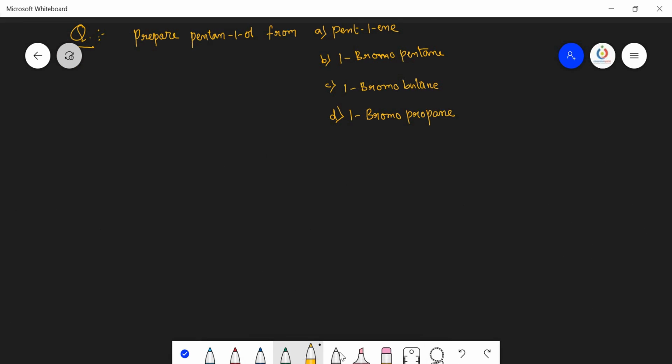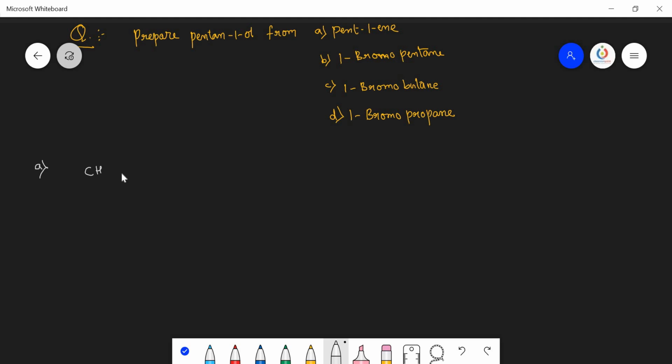First of all, option A. In option A, we need to take pent-1-ene as the reactant molecule. Pent-1-ene means CH3, CH2, CH2, CH double bond CH2. To this pent-1-ene, we need to prepare pentan-1-ol, so the OH group has to come over here.